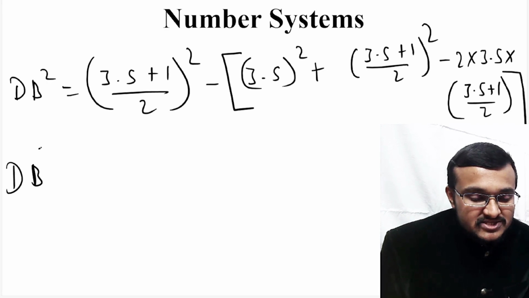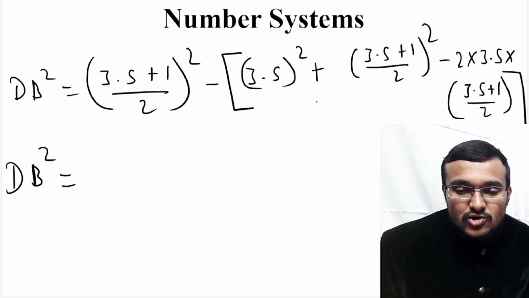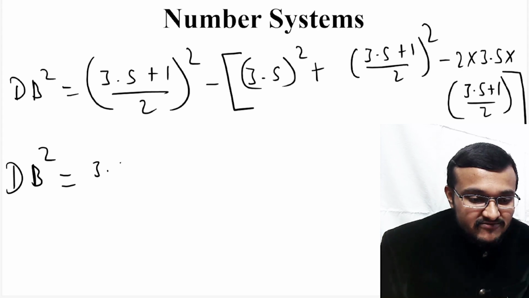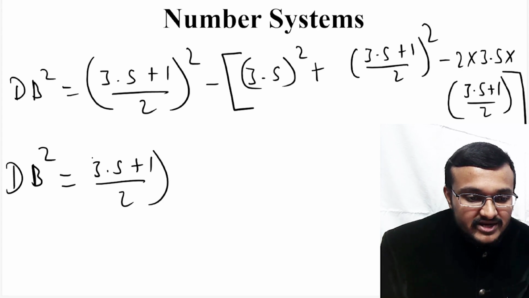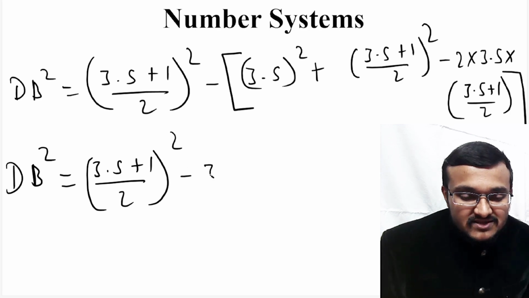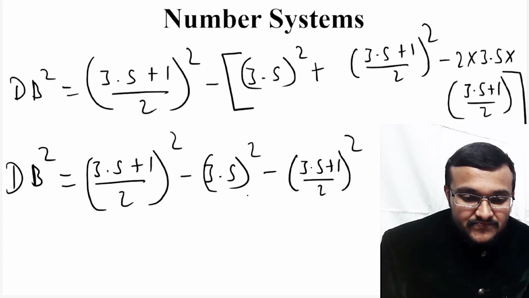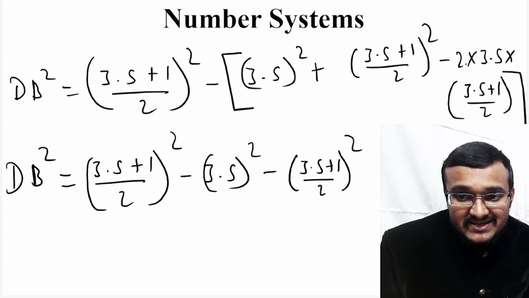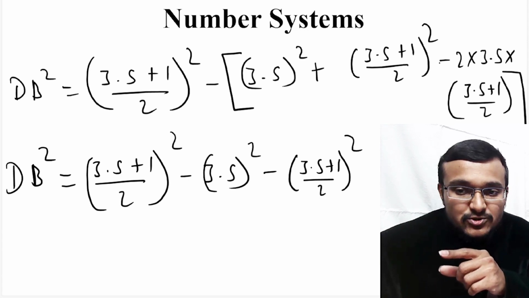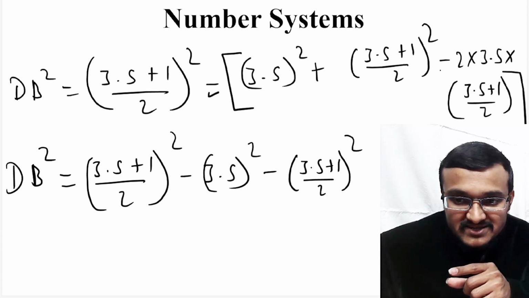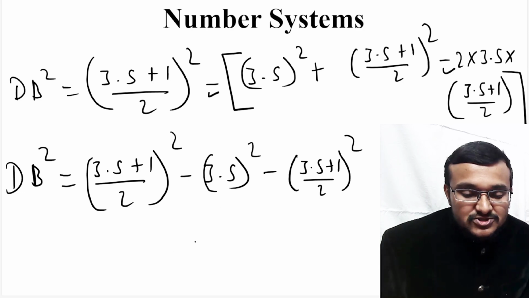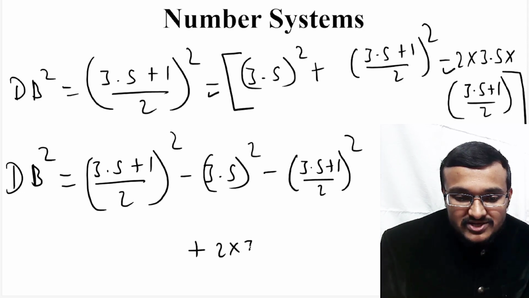Now you can bring all these values outside the bracket. So that will be ((3.5 plus 1) by 2) whole square minus 3.5 whole square minus ((3.5 plus 1) divided by 2) whole square. Here you can see minus 2 into 3.5 into (3.5 plus 1) by 2, and outside also there is a minus, so minus into minus gives plus. That's why plus 2 into 3.5 into (3.5 plus 1) divided by 2.